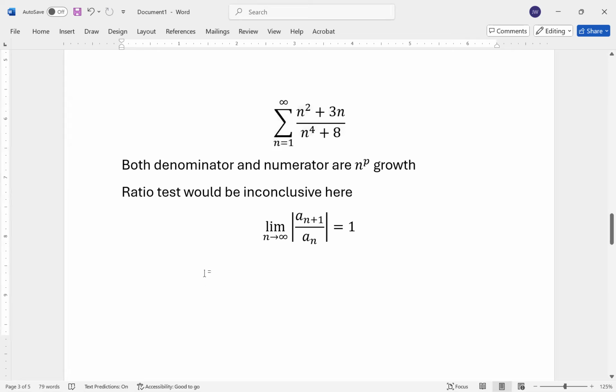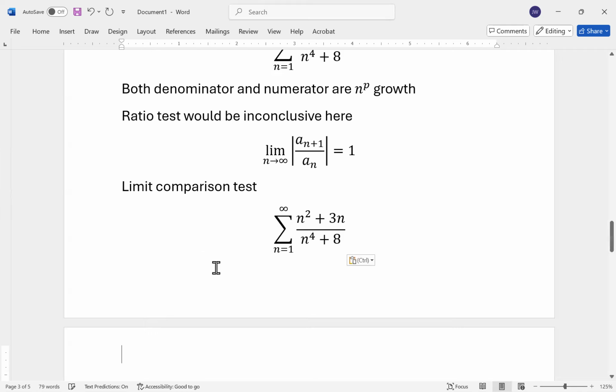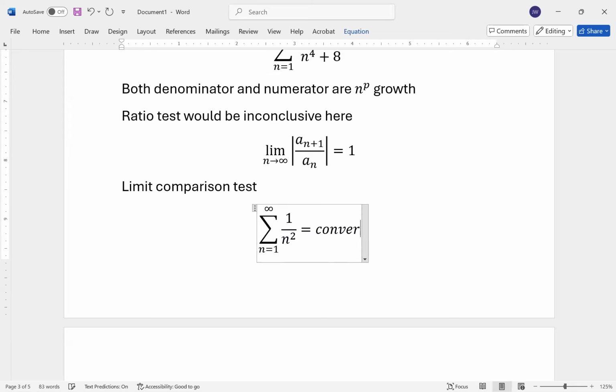That one we saw in our previous video. And we could compare this to 1 over n squared, which we know converges because that's a p-series.